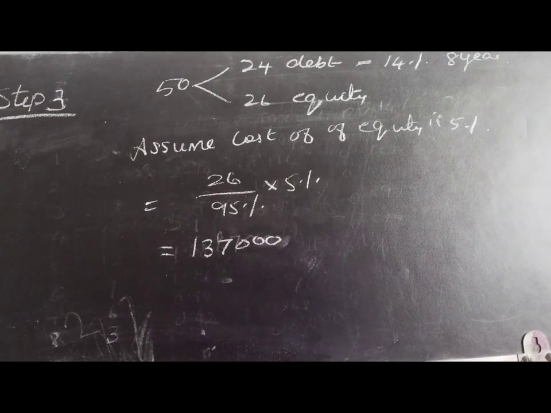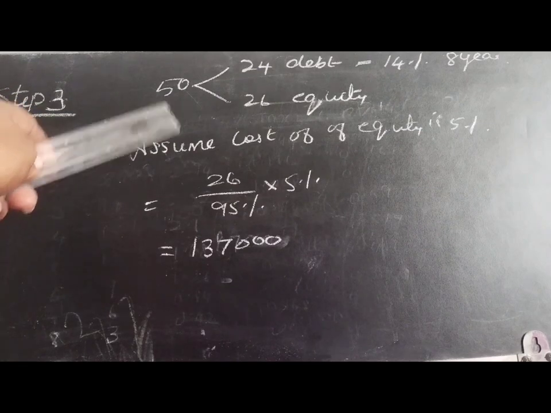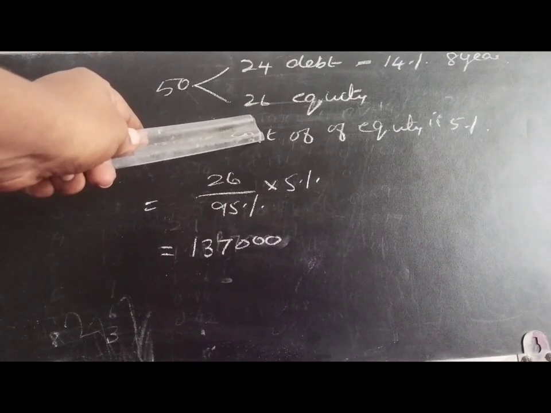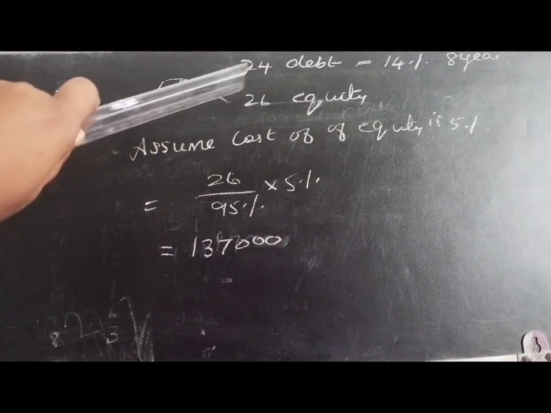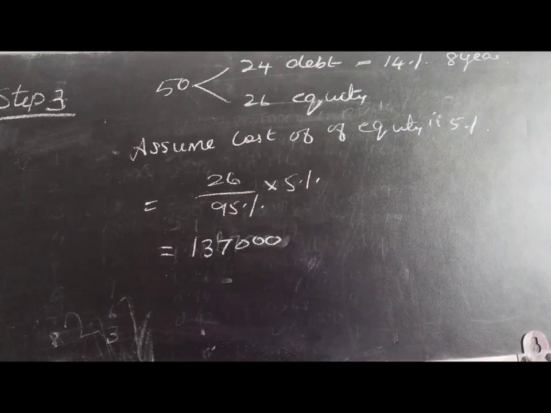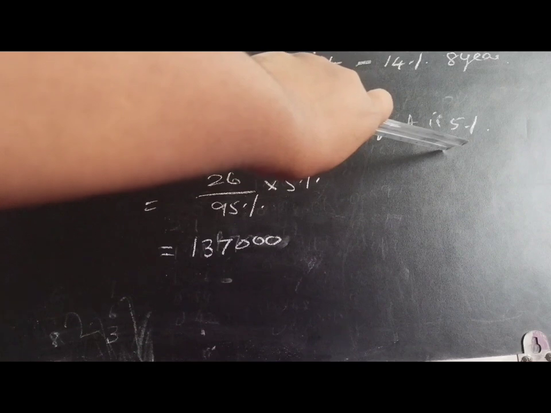Okay, let's see step number 3 in the adjusted net present value method. I have already stated 50 lakh cost of investment is financed by 24 lakh debt and 26 lakh equity. So we have to find the cost of equity. In the question they have not given any cost of equity, so we assume cost of equity as 5%.